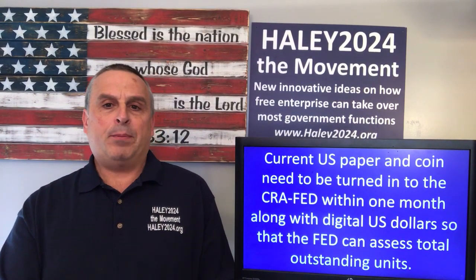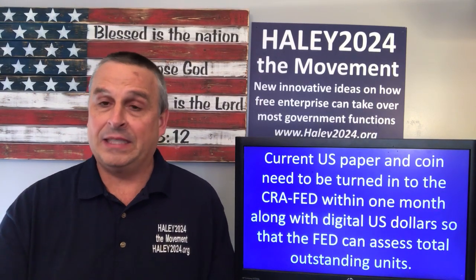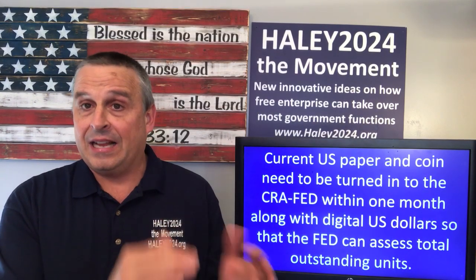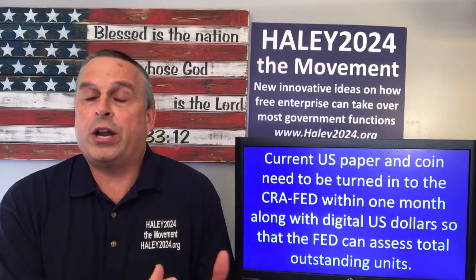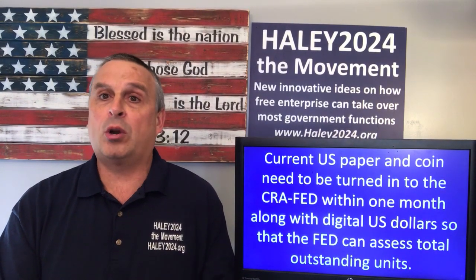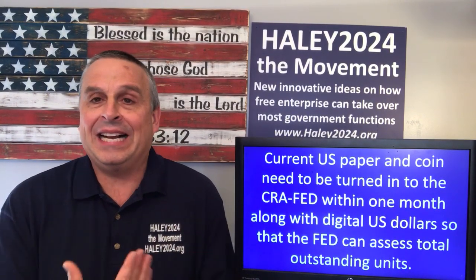Current U.S. paper and coin need to be turned into the CRA Fed, at the CRA level, not the sector board level. They're going to own all the dollars. We need to find out how many dollars are out there. I'm not sure how we're going to do that, other than saying everybody has to turn it in.